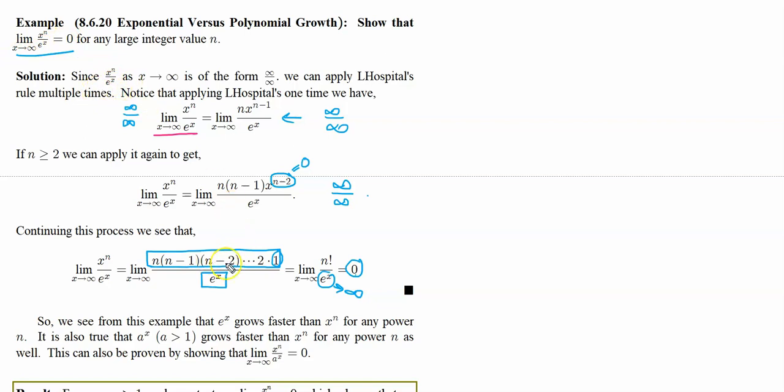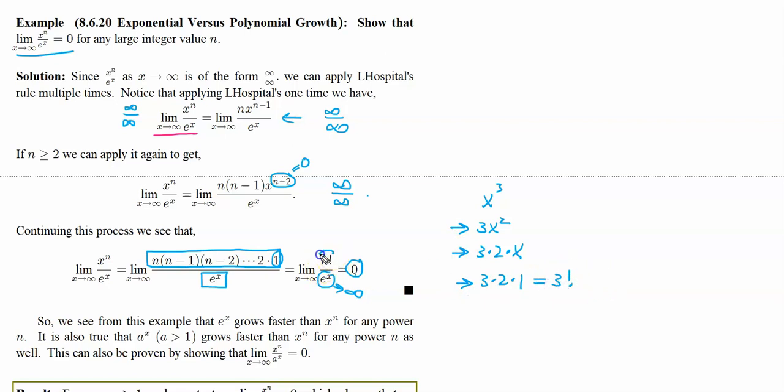Okay, just notice one thing here, for example, where that n factorial is coming from. For example, if I differentiate x cubed 3 times, notice this is the first derivative, second derivative, third derivative, and notice that this is 3 factorial.